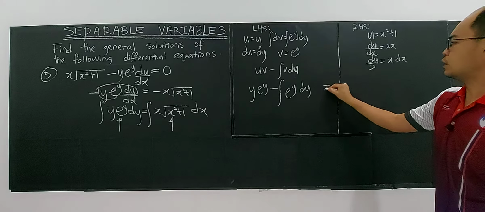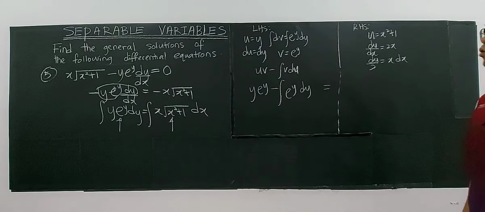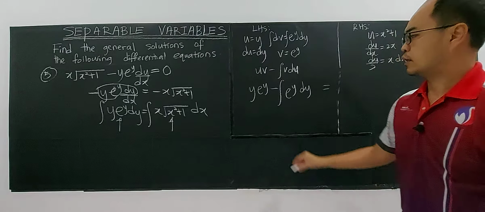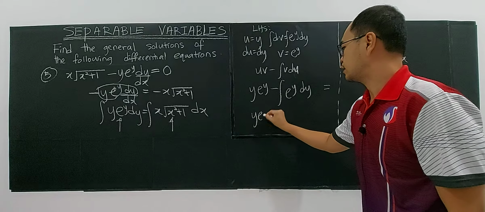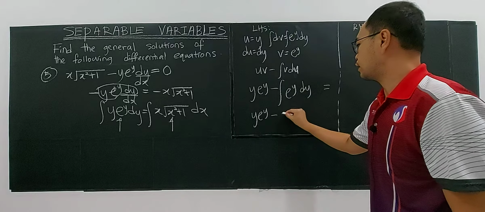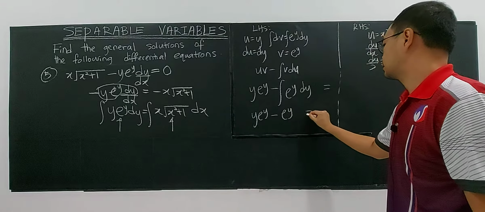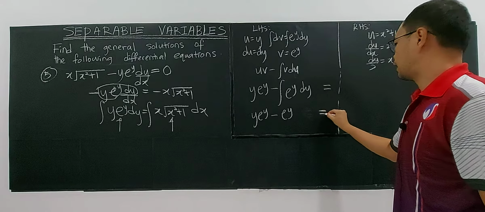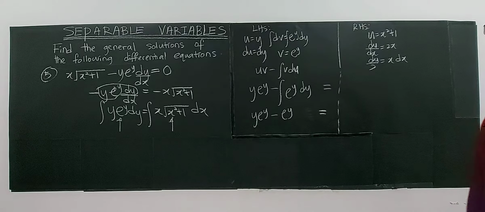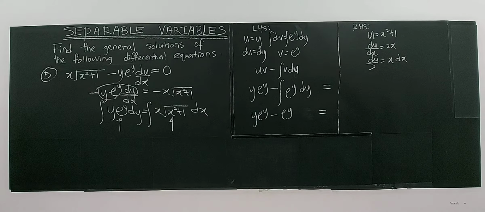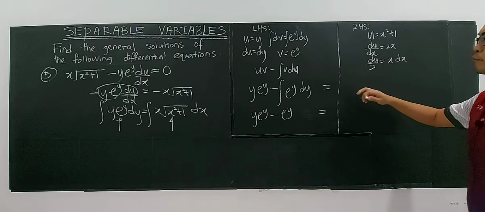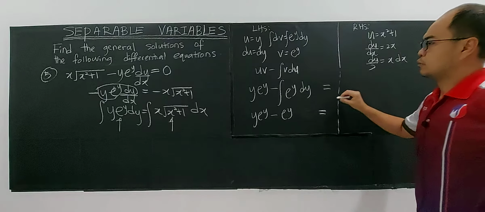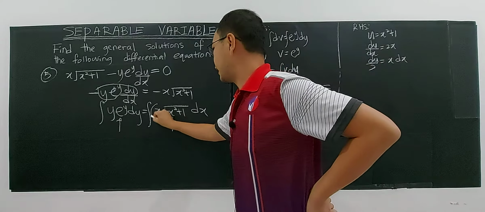So we have y e^y, and integrating e^y we have e^y. Alright, this is for the left-hand side, where we applied integration by parts. Whereas for here we apply integration by substitution, and we can rearrange this as x dx.